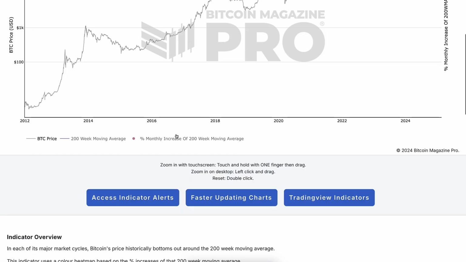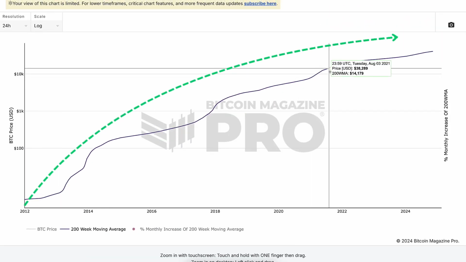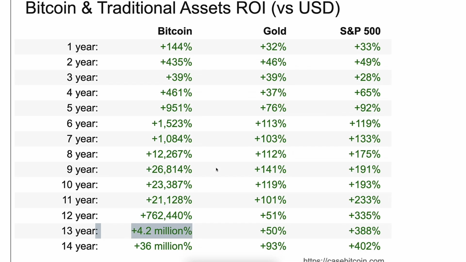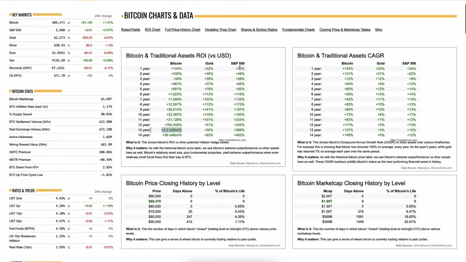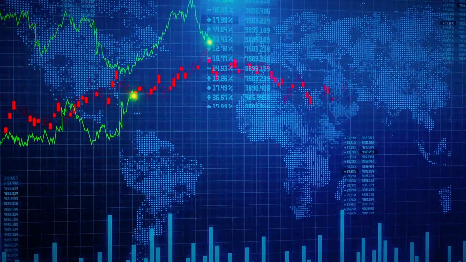And if we take here a long-term chart, 200-week moving average, you notice that it has always gone higher. It has never gone lower. So get more Bitcoin regularly. Of course, these historical results are not a guarantee of the future, but this helps you to understand why it's important to do this for the long term.